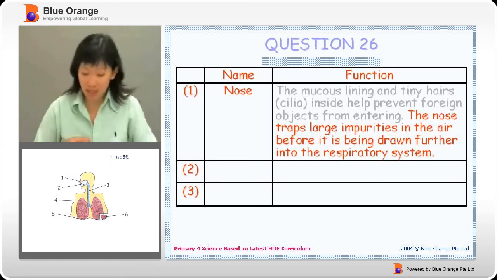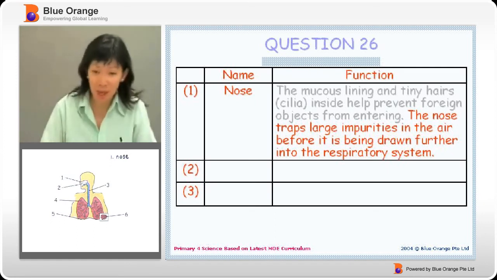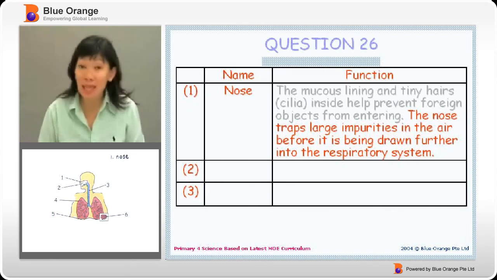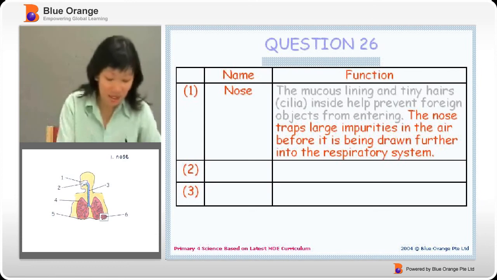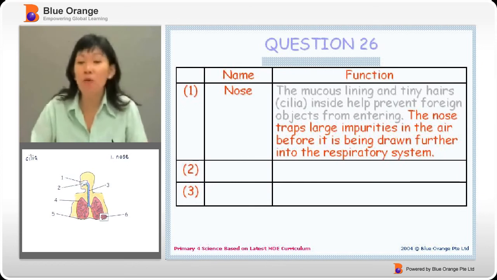But before we can say that, let's elaborate a little bit further. Now, we know that there are mucous lining and tiny hairs known as cilia, C-I-L-I-A, inside the nose that prevent foreign objects from entering into our body.